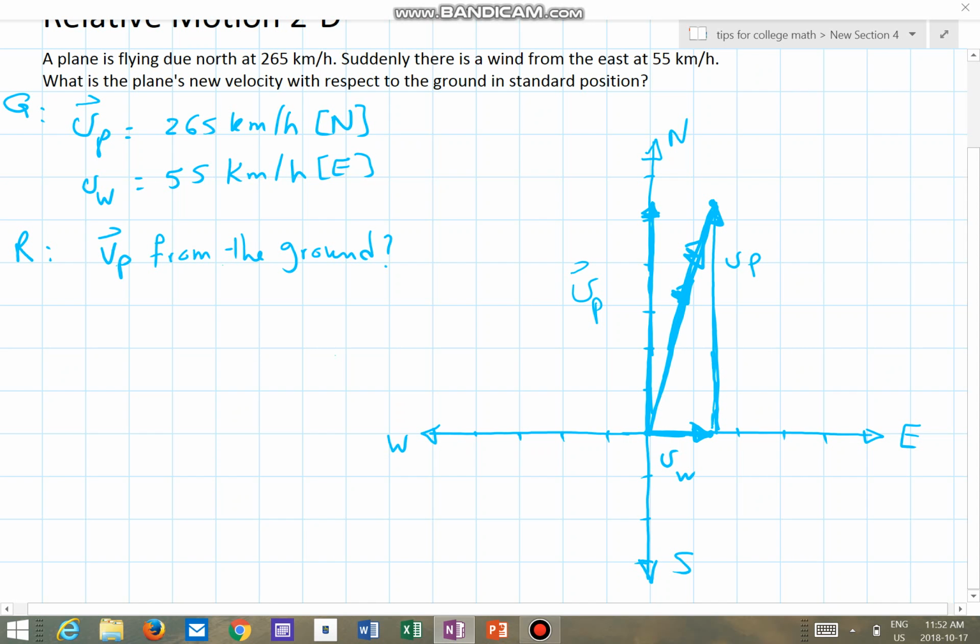Okay, now if I want to do this algebraically, then this is VP relative, let's call it, right? VP relative, that's what we were looking for. If I do this algebraically, I want the magnitude, so that I can get from Pythagorean theorem.